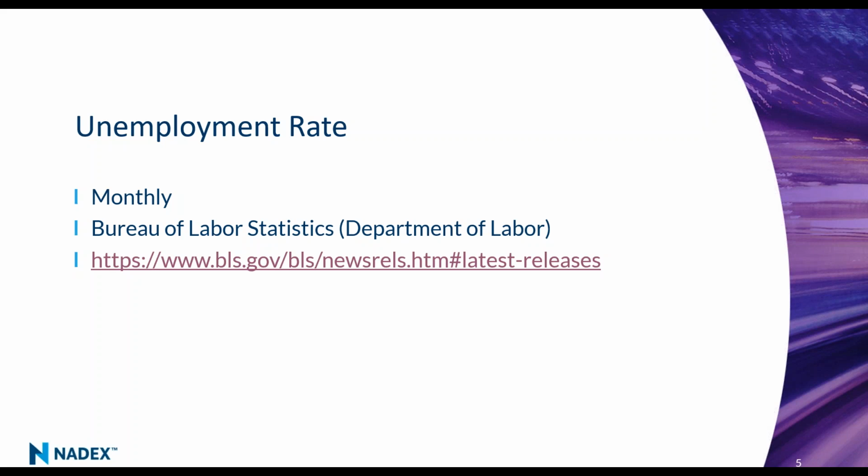It doesn't include very, very old people that are past the general working age. So it includes basically working age citizens that could be working, that are actively trying to get a job. If someone's not trying to get a job, they are not included in this unemployment rate calculation. It is just the number of working age people that are actively looking for work that cannot get work.